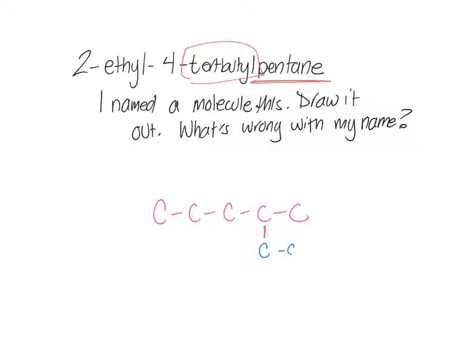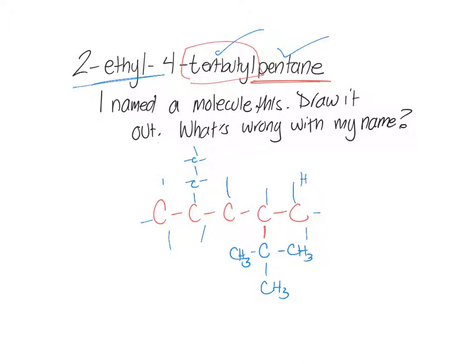So it comes off of here. So yes, there is still 4 carbons, but now what's happened is that it looks like this. And then, so I got this part, that part. So now 2-ethyl. So ethyl will go up here, like so. And then this would be where all my hydrogens would be.